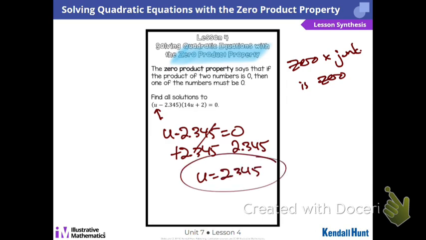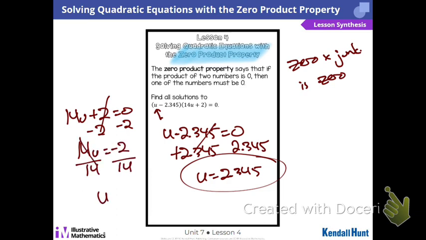Yeah, I like that you say that, but a bunch of people struggled on this one, and it's the same exact concept. If I can get this to equal 0, because of the zero product property, it all equals 0. There's my negative 1/7. Don't go fraction there. The fraction just gets you close.